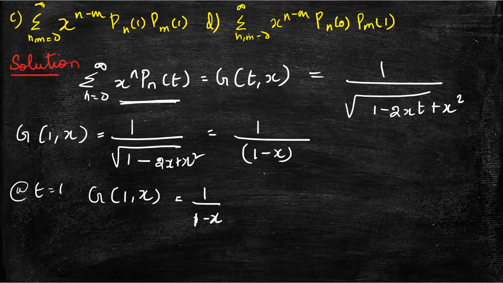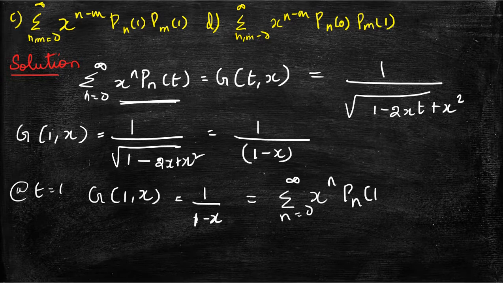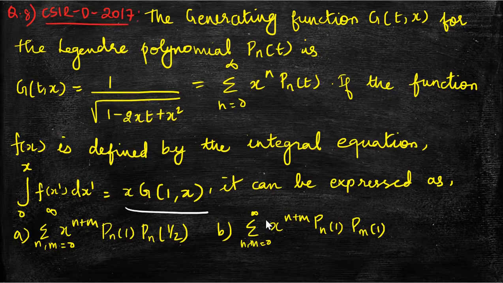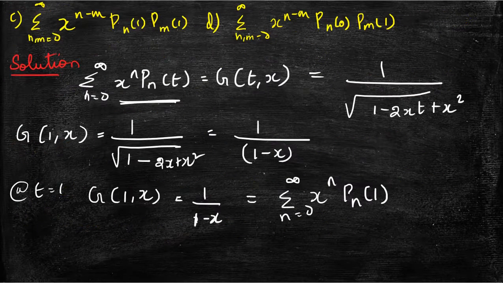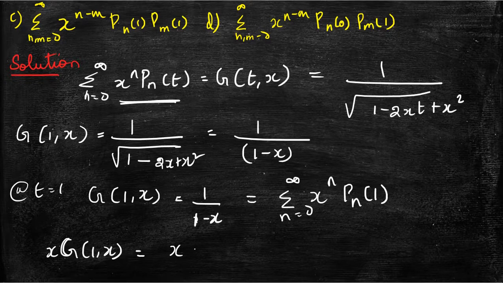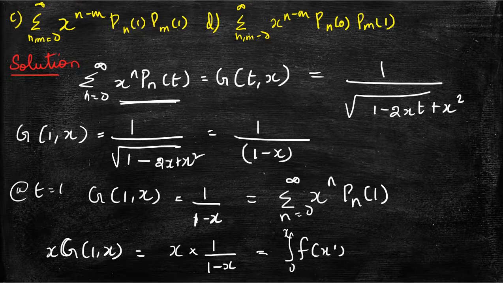I can write this as summation n is equal to 0 to infinity x bar n Pn of 1. Now, according to the question, x g of 1 comma x is equal to the given integral function. So x into g of 1 comma x will be equal to x into 1 by 1 minus x, which is equal to the given integral.